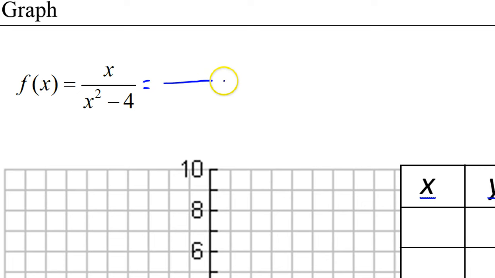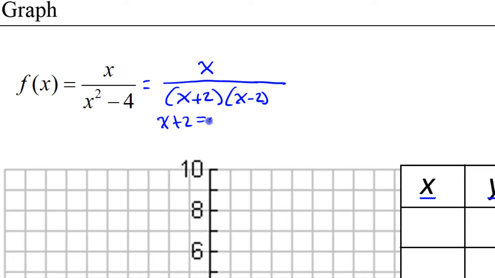So basically, if I factor the denominator out, this is the difference of two squares. This factors as x plus 2 times x minus 2. Okay, if I set these equal to 0, I'm going to get x equals negative 2 and x equals positive 2.